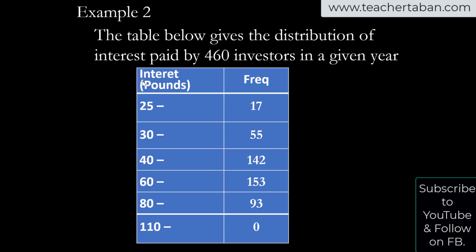So we have this example number 2. It says the table below gives the distribution of interest paid by 460 investors in a given year, and we are supposed to find the modal interest. We're supposed to find the mode.